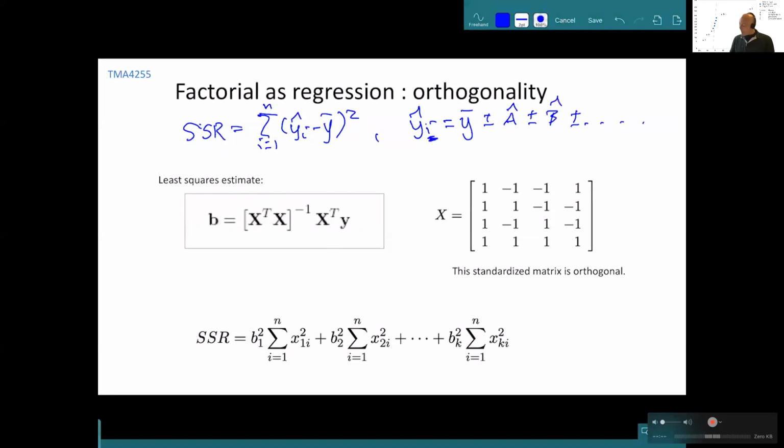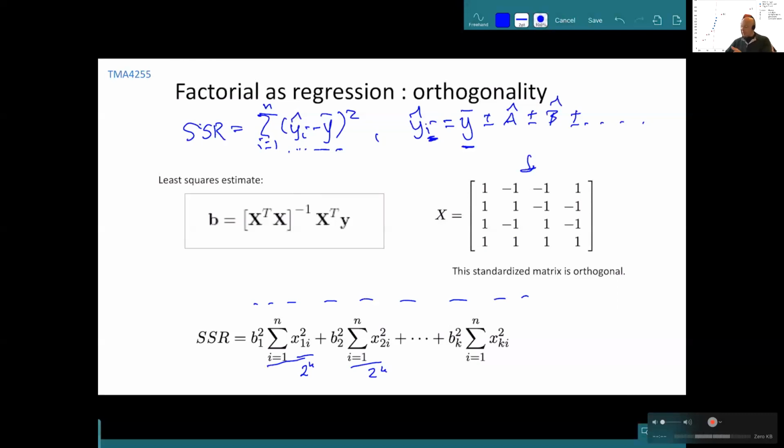And the y bar is then always out of this SSR equation. And what we're left with is the combination of a hat, b hat, etc. squared, and then cross terms of these. But since this is an orthogonal design matrix, it will split out into these combinations where we have just the regression effects and then normalized by these sum of squares, which would be 2^k, because this is orthogonal.